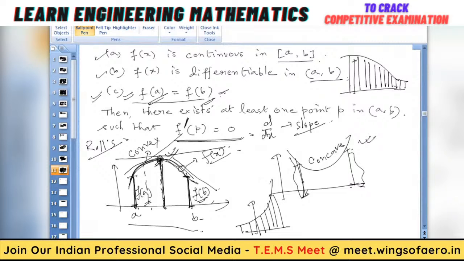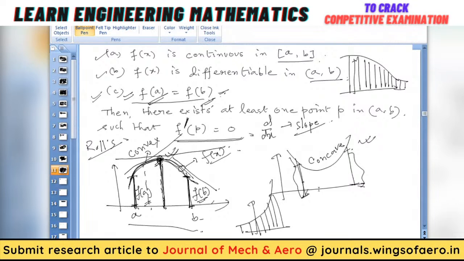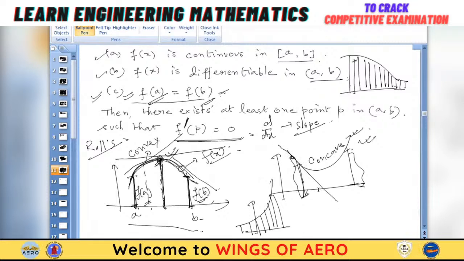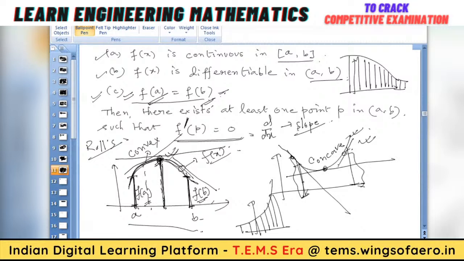So Rolle's theorem defines the maxima or minima of a function where the derivative is equal to 0. Similarly, if the function is convex like this, you can see that at this point the tangent becomes this. At this point the tangent becomes this. At this point the tangent is this.